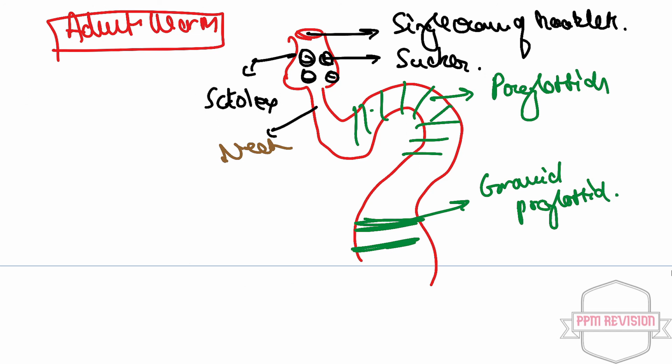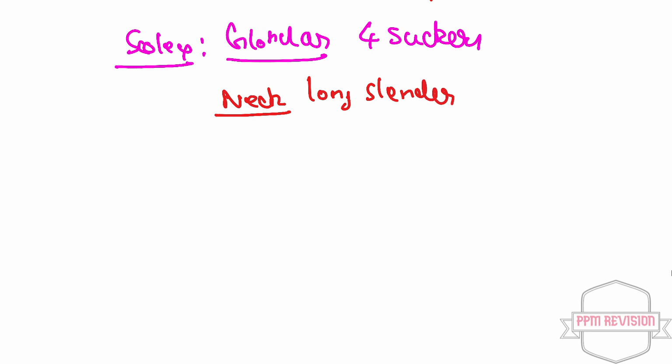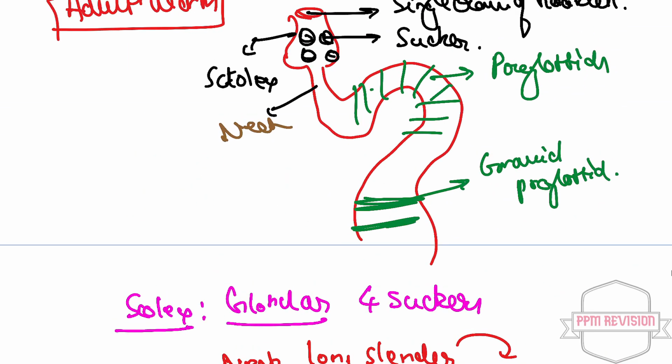Now, looking at each of these individually. The scolex is globular and has 4 suckers, as we have seen. Next, the neck is long and slender, and it is present posterior to the scolex. Next, we have seen this part, the strobila.